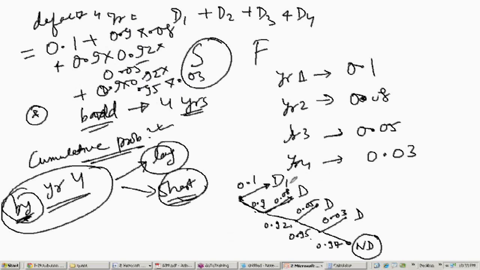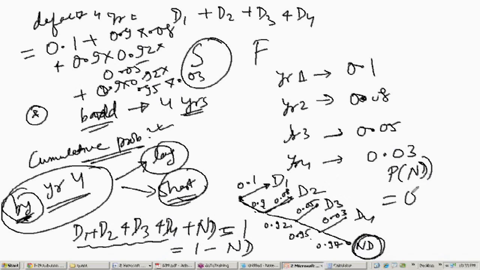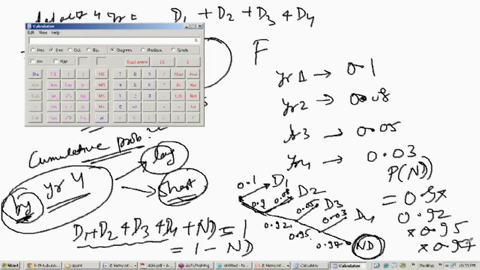The short way would be: can I say that D1 plus D2 plus D3 plus D4 plus not defaulting will be equal to 1? Now if I want to find this, it can be said as 1 minus the probability of not defaulting. The probability of not defaulting will be not defaulting in the first year, second year, third year, and fourth year.